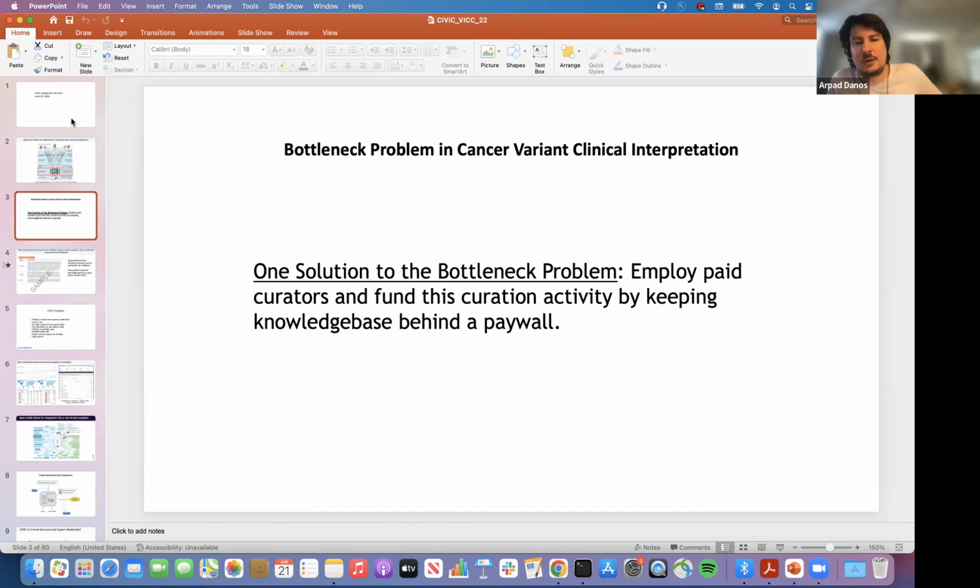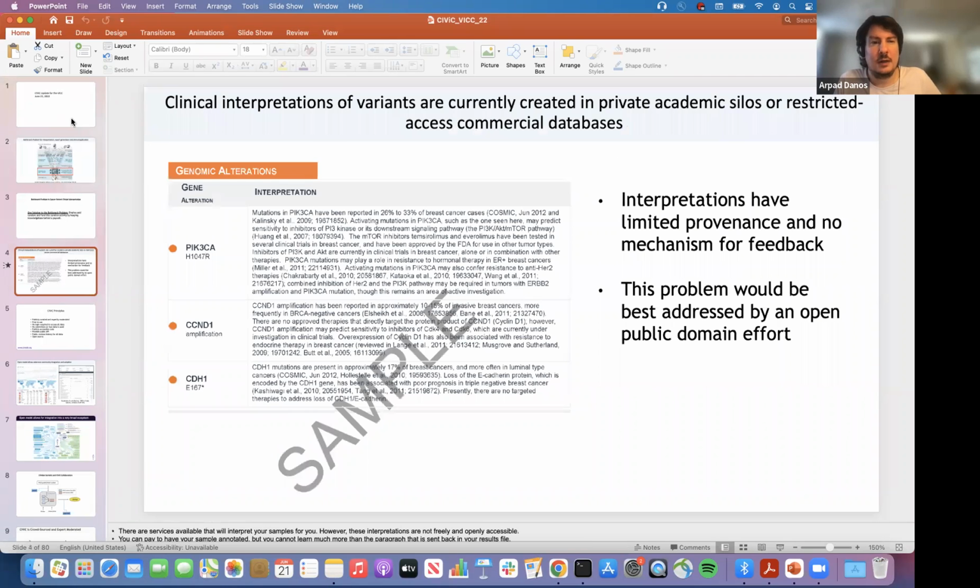So one solution to the bottleneck problem is to employ paid curators and fund the curation activity by keeping knowledge behind a paywall, or in private academic silos, restricted access commercial databases. This is one way to approach the bottleneck problem, and it's a legitimate way of doing it. It has its drawbacks. For instance, restricted access being the primary one.